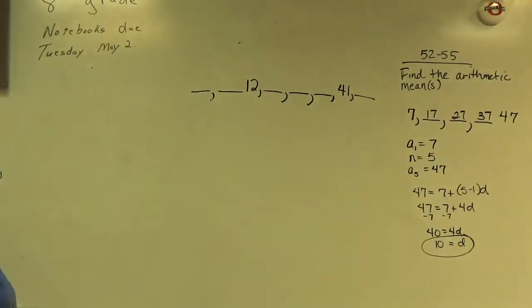Not only do I have arithmetic means between two certain numbers, but I also don't know what came before or what came after. So how would we approach this?